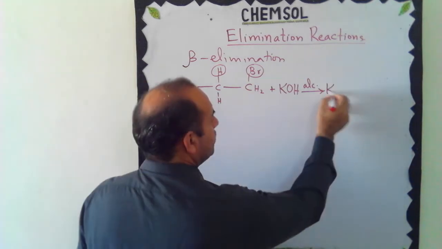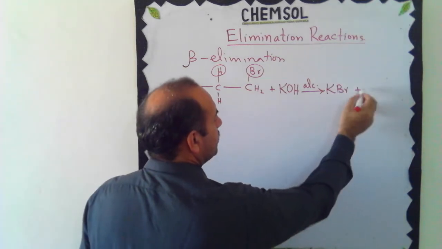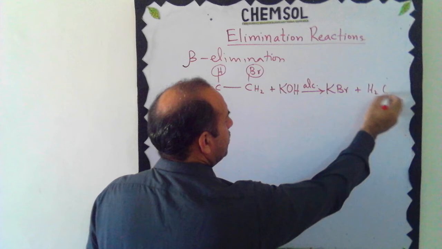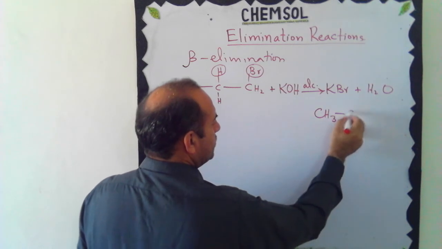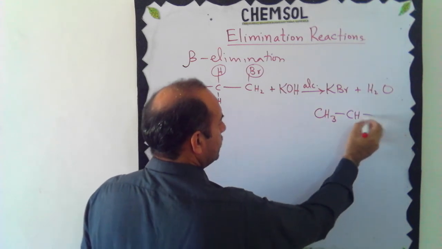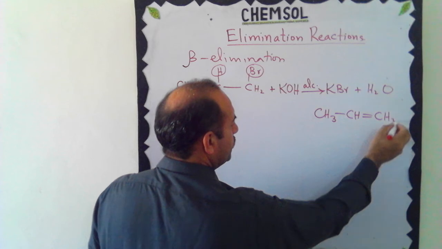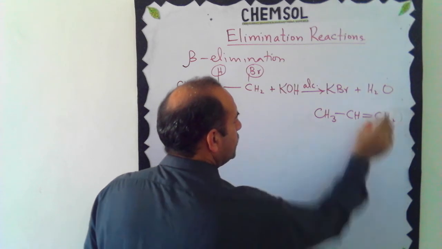We will get potassium bromide along with water, and the main product will be CH3CH=CH2, that will be our propene.